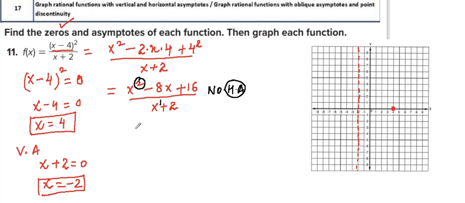Oblique asymptote, how to find it? We need to divide. Firstly, we have to see whether it has an oblique asymptote or not. Here the degree of the numerator is 2 and the degree of the denominator is 1.